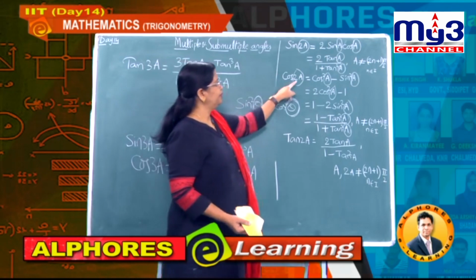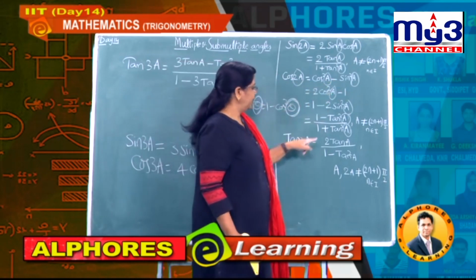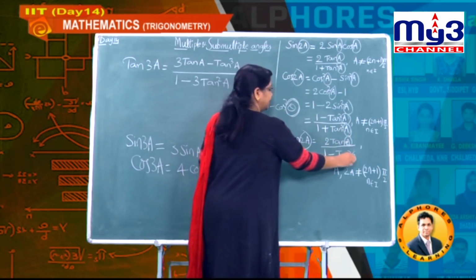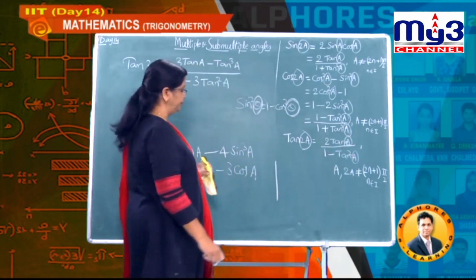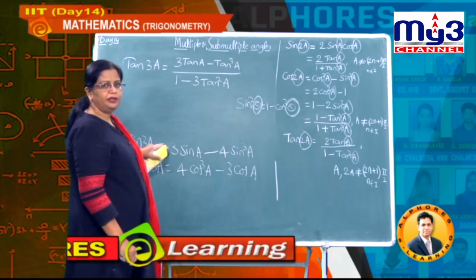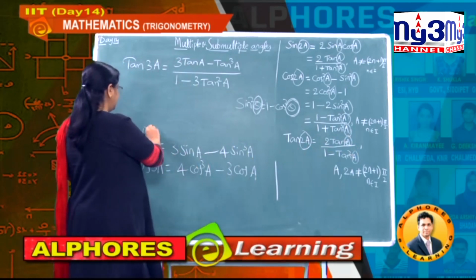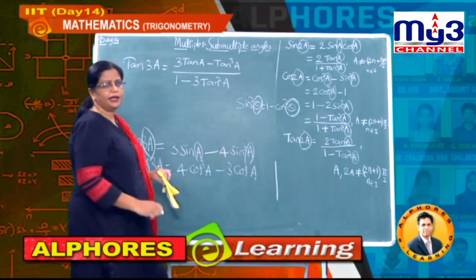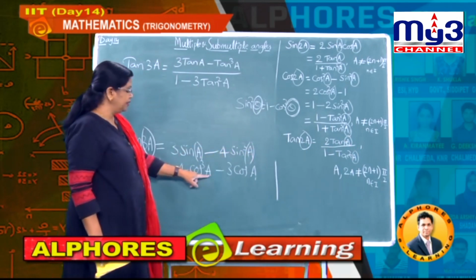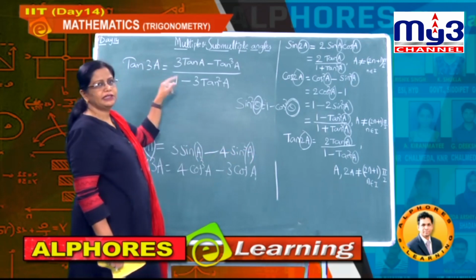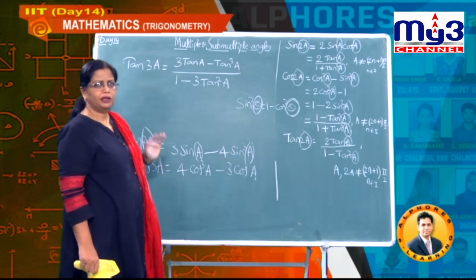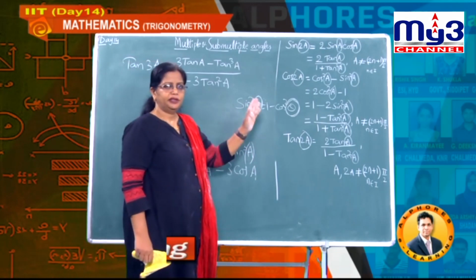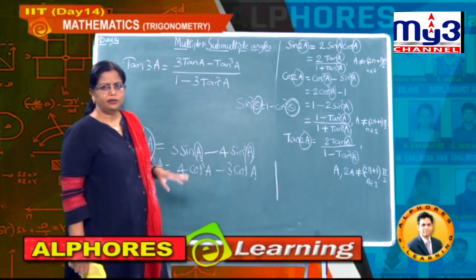So 2a here, and in the answer you are getting exactly half of that value. And here these are multiples of 3, 3a, and then it is exactly 1/3 of that angle. Here also 3a, 1/3 of that angle, as well as in the tan 3a formula. So these are the main formulae students, in terms of 2a and in terms of 3a.